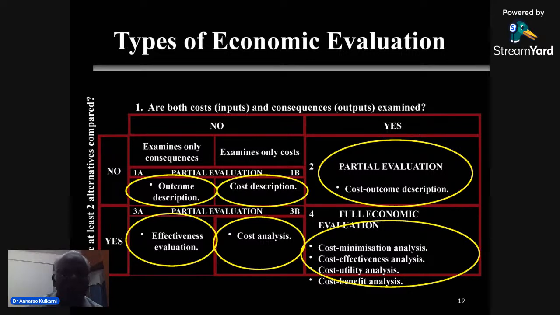On the other hand, if we have two alternatives, but we are considering only the consequences without considering the cost, then it is called effectiveness evaluation. And if we are considering cost of two programs without considering the effectiveness of those programs, then it is called cost analysis. So we will understand these four full economic evaluations now.